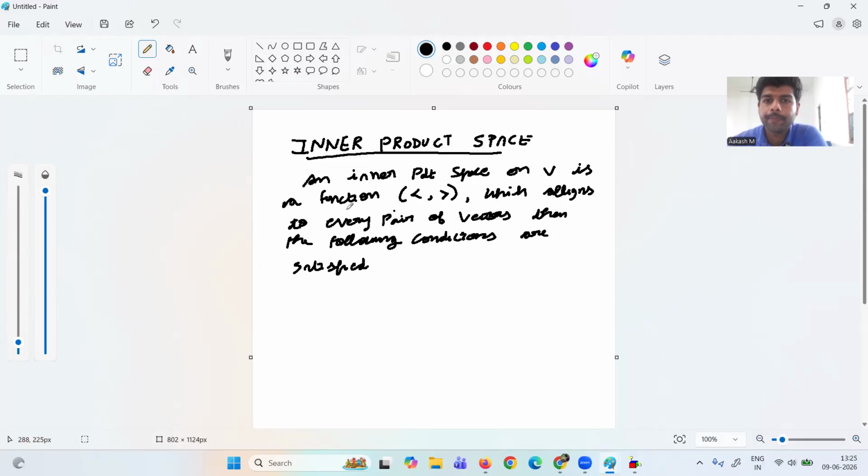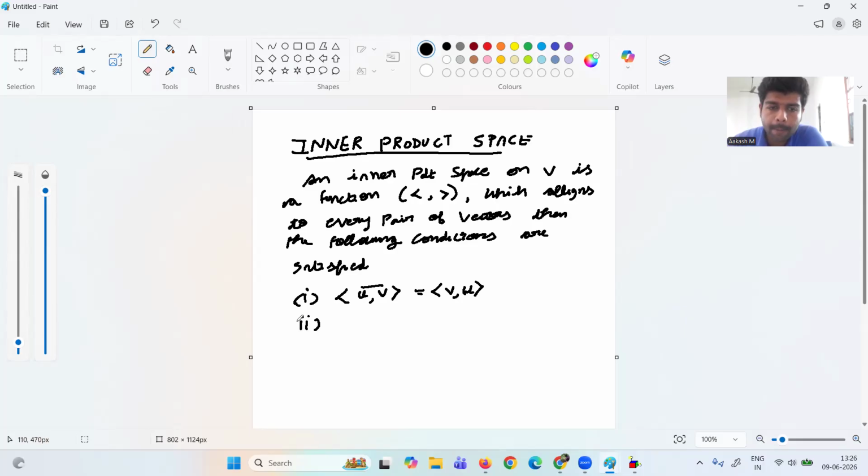First condition: the conjugate of the inner product of U, V is equal to the inner product of V, U. So this is the first condition to satisfy the inner product space.